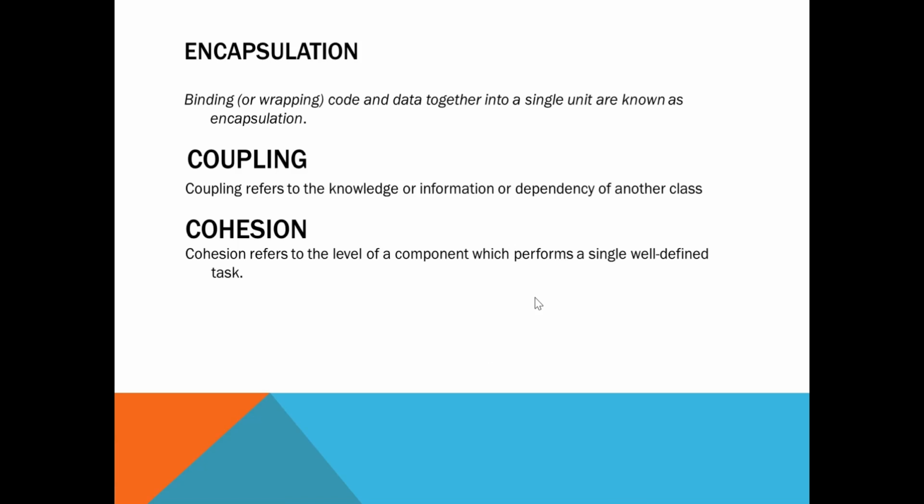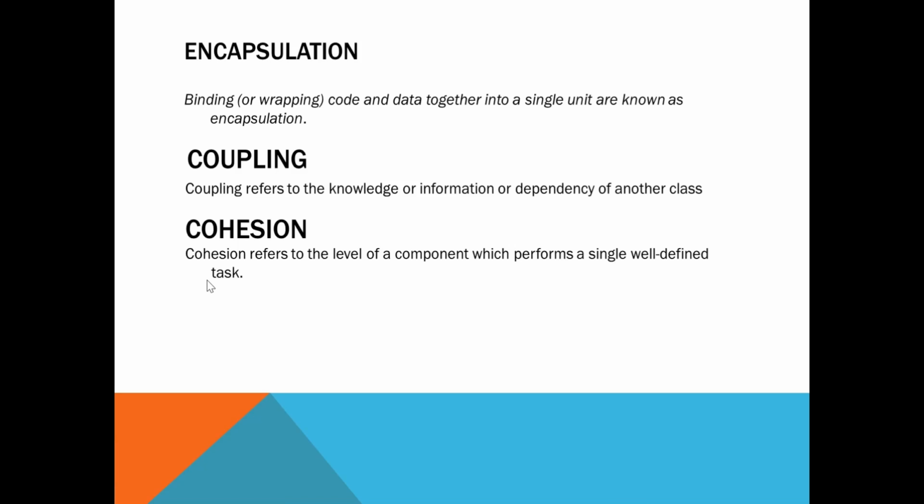Cohesion. Cohesion refers to the level of a component which performs a single well-defined task. A single well-defined task is done by a highly cohesive method. A weakly cohesive method will split the task into separate parts.